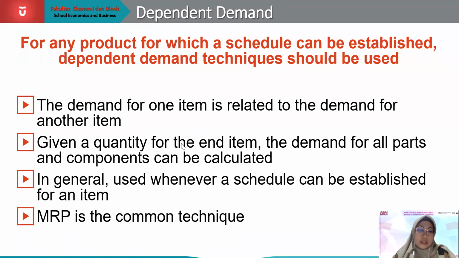Given a quantity for the end item, the demand for all parts and components can be calculated. In the end, you can make a list of how many of each component you need.